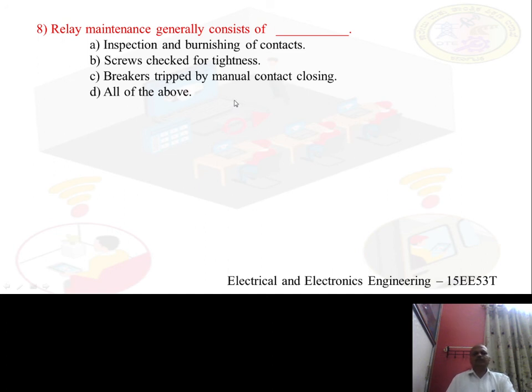Relay maintenance consists of all these three. Apart from that, there are 4-5 other things also. Therefore, your answer is D. All of the above.